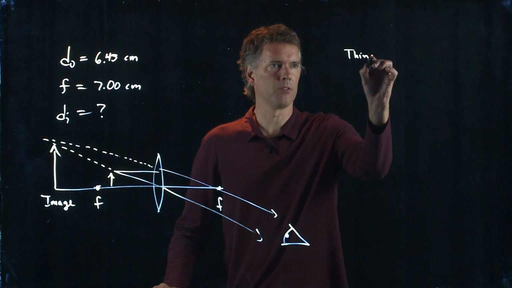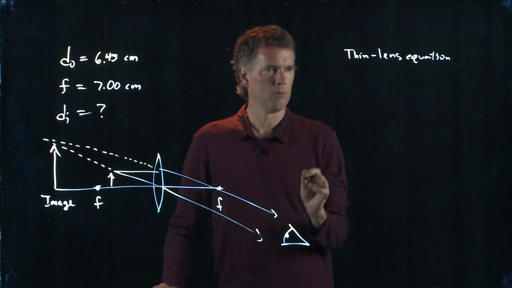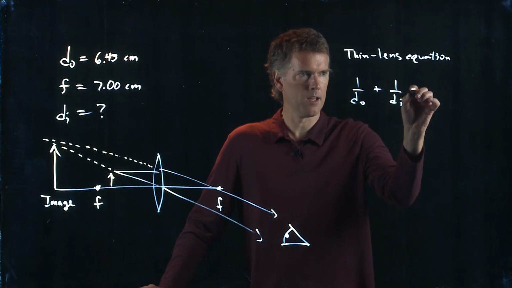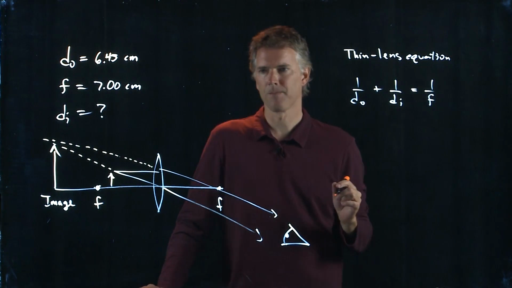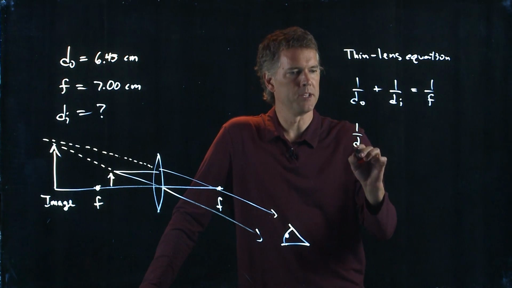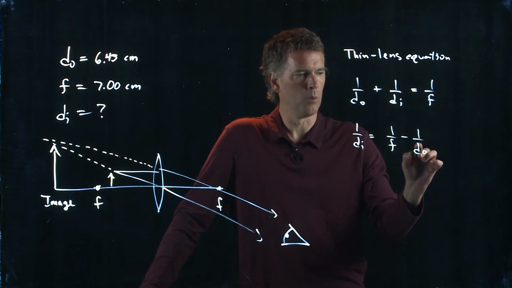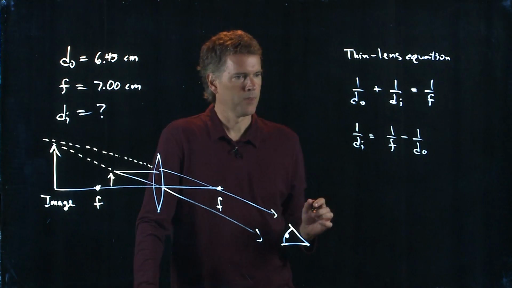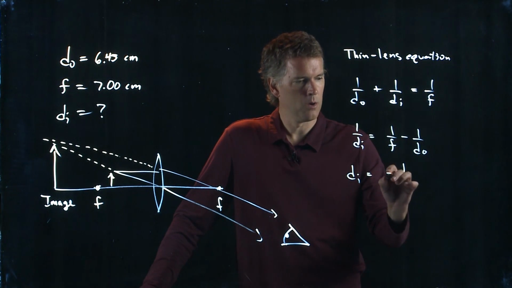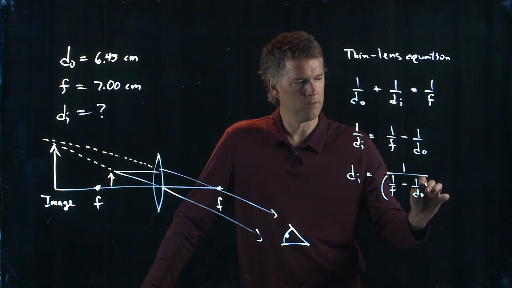So if we go to the thin lens equation, we have the following. 1 over DO plus 1 over DI equals 1 over F. And we're looking for DI, so we can solve this for DI. We get 1 over DI equals 1 over F minus 1 over DO. And so we get DI is equal to 1 over (1 over F minus 1 over DO).